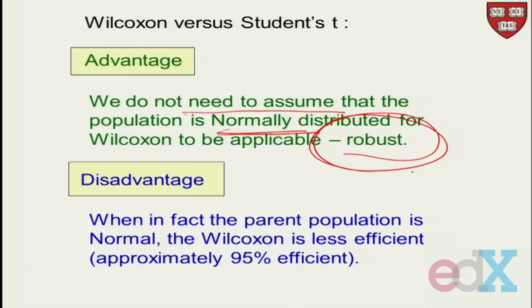Well, here's the disadvantage. If, in fact, you were justified in making your normality assumption, so if you could use the t, how much do you lose? And the answer is not that much. When you have normal data, the Wilcoxon is about 95% efficient. So if you've got 20 observations, the Wilcoxon is about as efficient as if you had 19 observations and used the t appropriately.